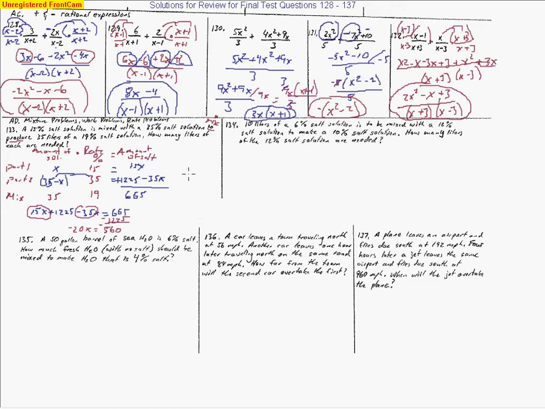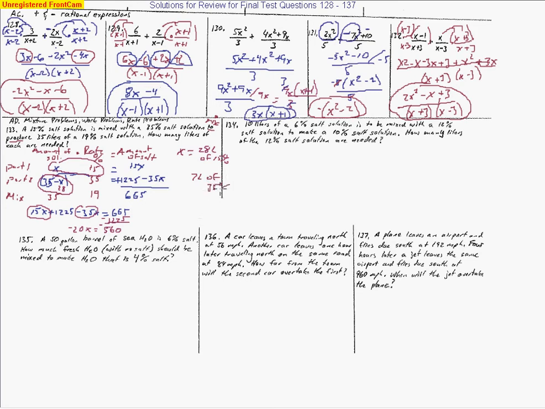And so when I do that division, I end up with x equals 28. So 28 liters, and if you go back into the chart, it tells us x is the 15%, so 28 liters of the 15%. And then I do that subtraction, put the 28 right here, and I end up with 7 liters of the 35%.